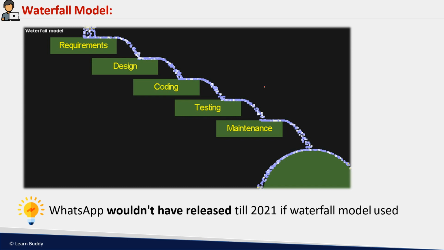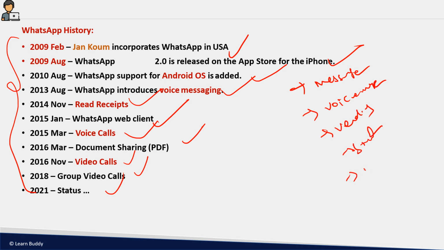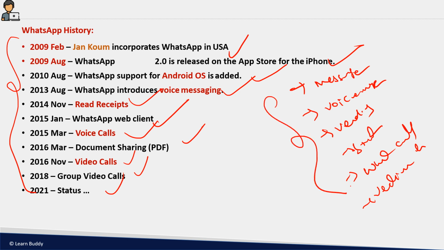If WhatsApp followed the waterfall method, what exactly is the waterfall method? They develop everything. For example, here you can see what features are there in WhatsApp currently. One, message: you can type the message, send voice messages, send videos, put a status, do a WhatsApp call, and do a video call.